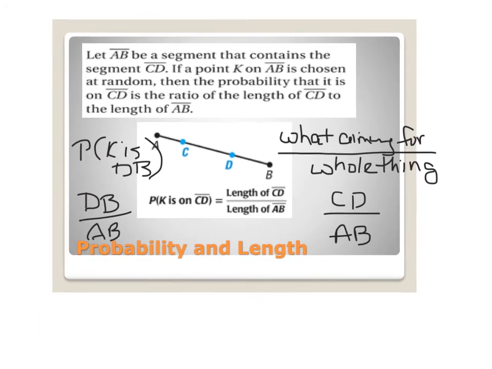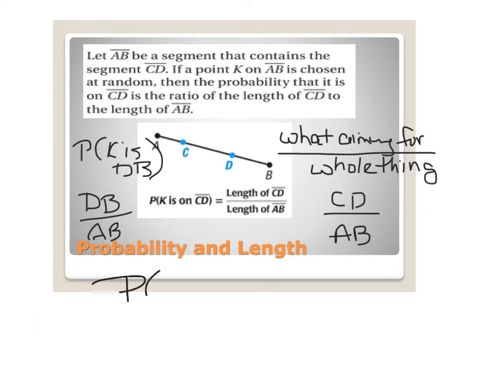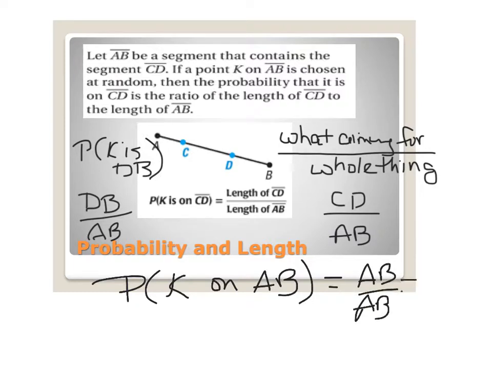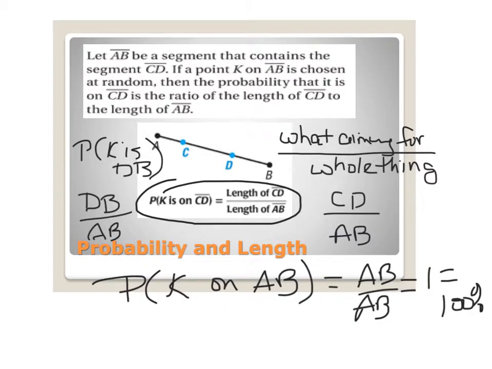If it said, what was the probability of K being on AB, then you know for sure it's on there because it's AB over AB, and that would be 1 or 100%. Now we don't have numbers here, but we could have numbers and then you would simplify it. So probability that K is on CD, you're going to do the length of CD over the length of AB.